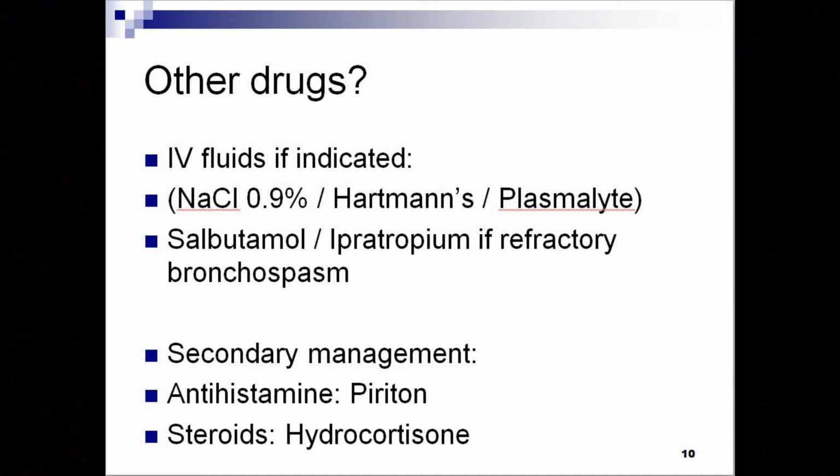If they still have refractory bronchospasm despite the adrenaline, you could consider giving salbutamol or ipratropium. The question is often asked about Piriton and steroids. Antihistamines and steroids are acceptable, but they are secondary, not primary management. So if the patient is hemodynamically stable, you can consider them, but only when your patient is hemodynamically stable.